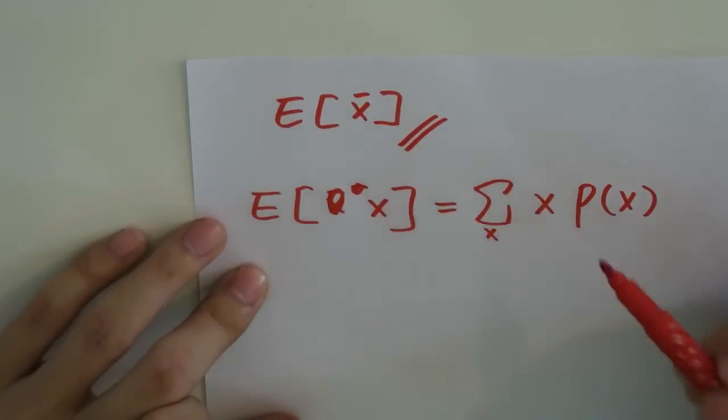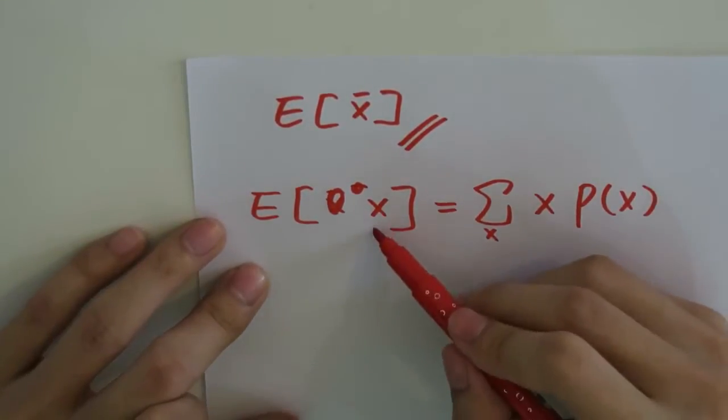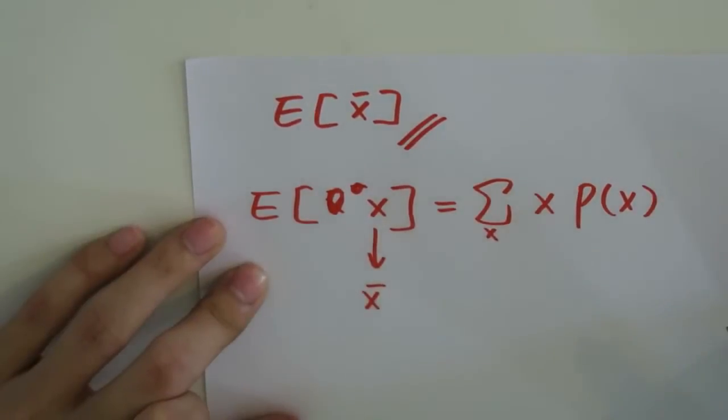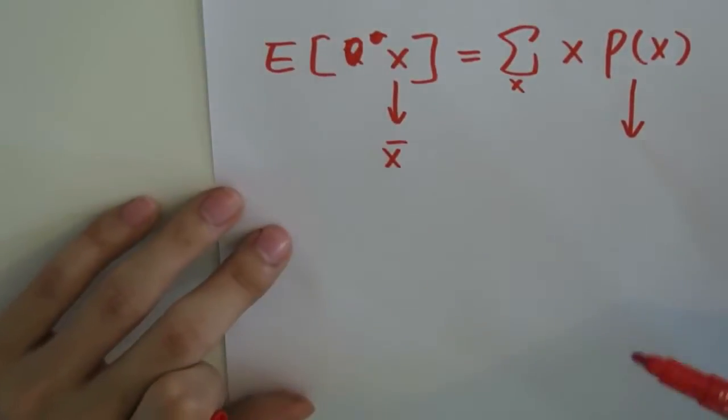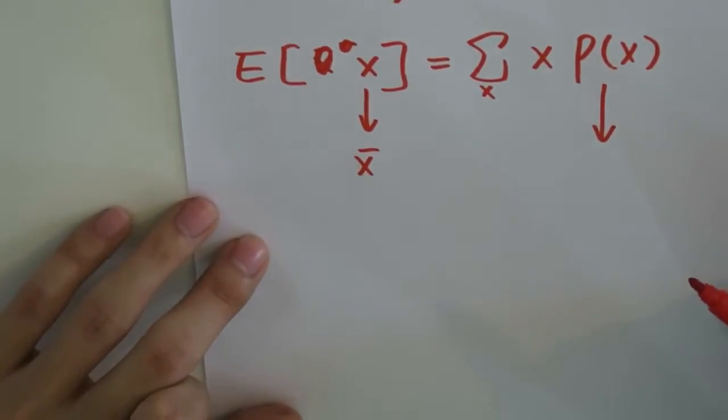So this is a variable, this is a PDF. Over here in this question, our variable is sample mean, and this PDF is just a table we have obtained from part A. So we can substitute the values into this formula.